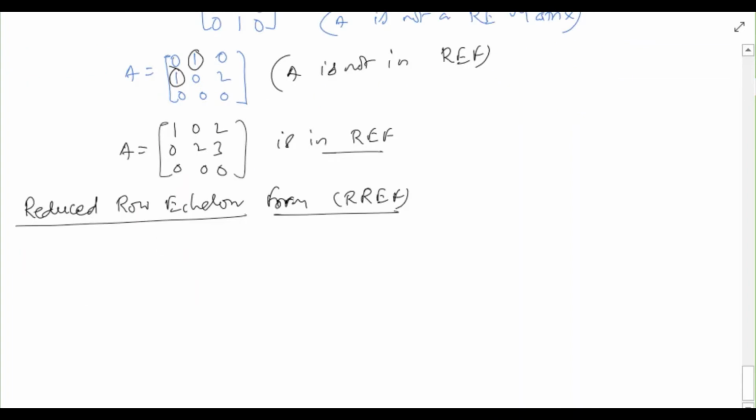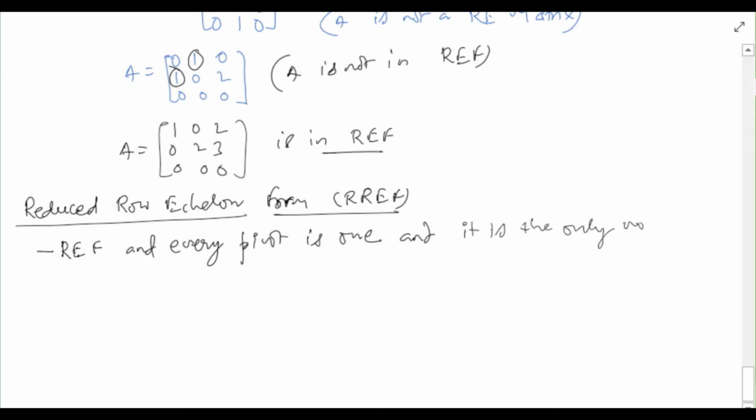A matrix A is said to be in RREF if it is in row echelon form and also satisfies the extra conditions that every pivot is 1 and it is the only non-zero entry in its column.